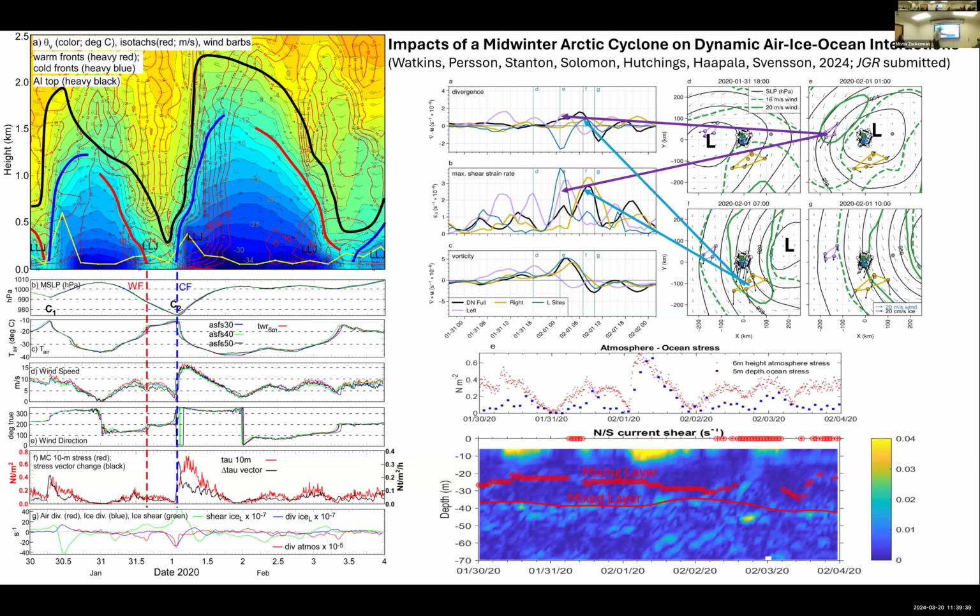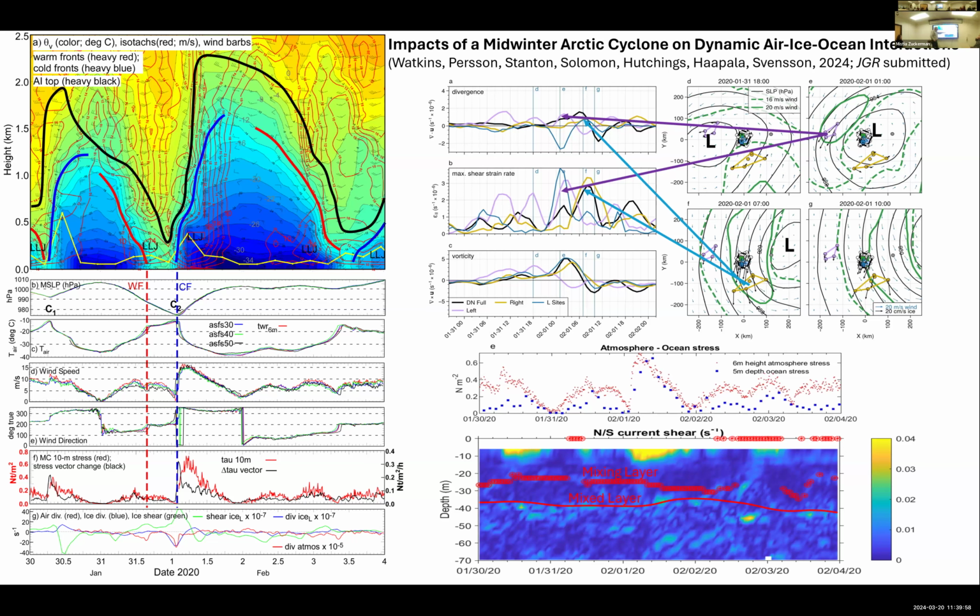And we see that it produces strong shearing in the upper 10, 12 meters of the ocean. We also see evidence of mixing in the upper ocean from this one event, down to 20 to 25 meters.